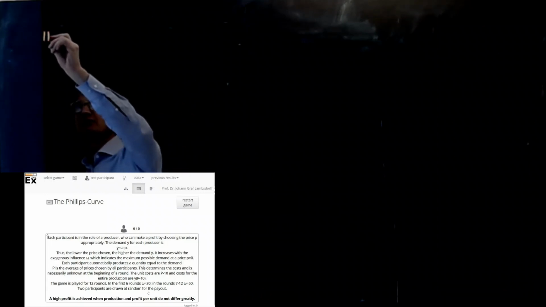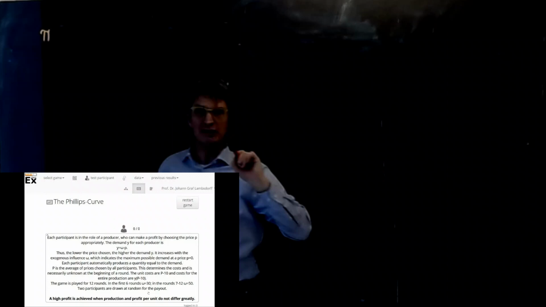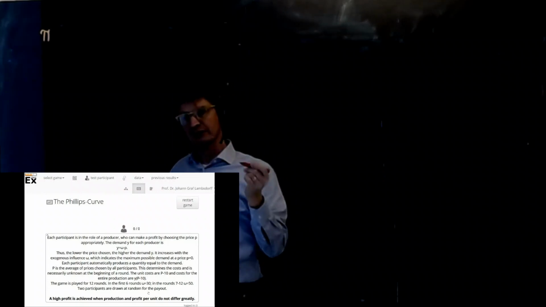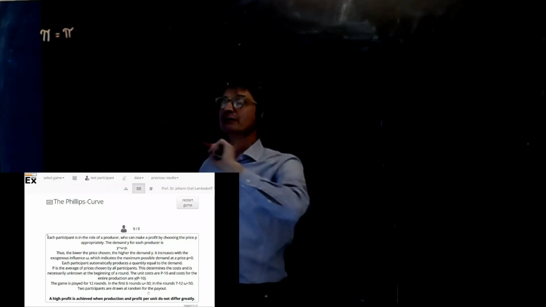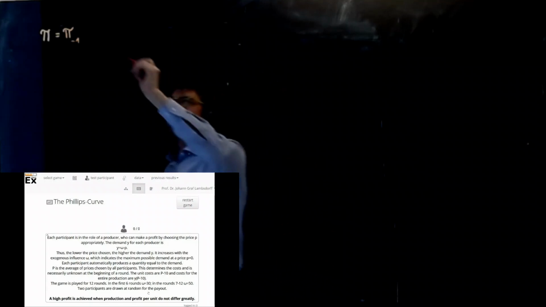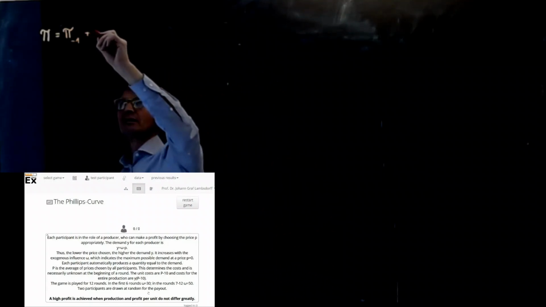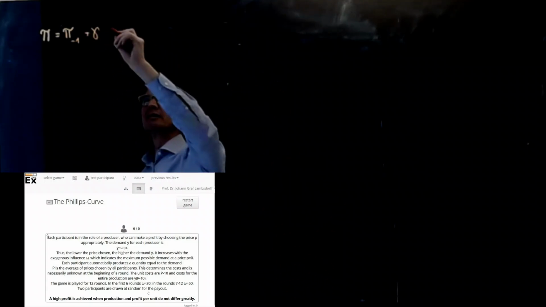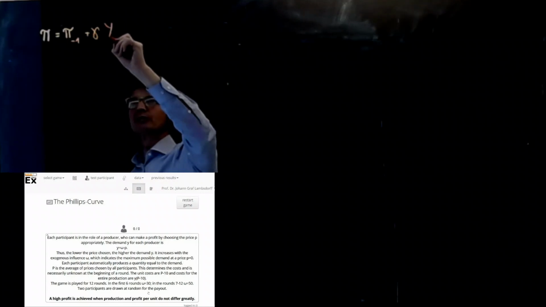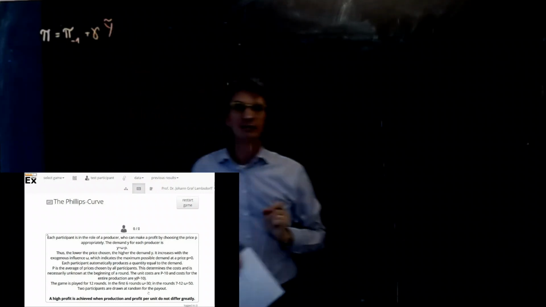It's a relationship between inflation pi, this year's inflation, and the level of inflation we had last year, so this is pi minus 1, plus some parameter gamma times the output gap, which I denote by y tilde.